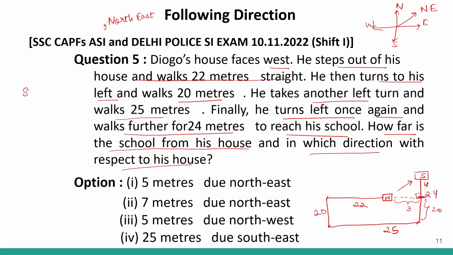SH square will be equal to 4 square plus 3 square. 4 square is 16, 3 square is 9, that is 25. So SH will be equal to under root of 25, which is 5 meter. So he would have to go 5 meter northeast, which is option 1. So option 1 will be your correct answer.